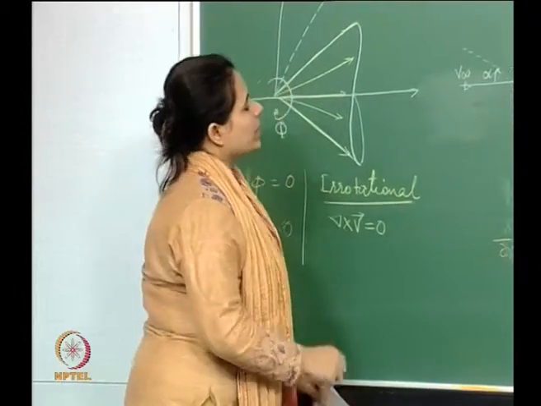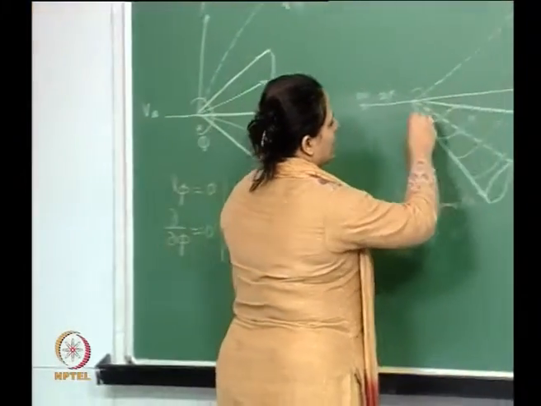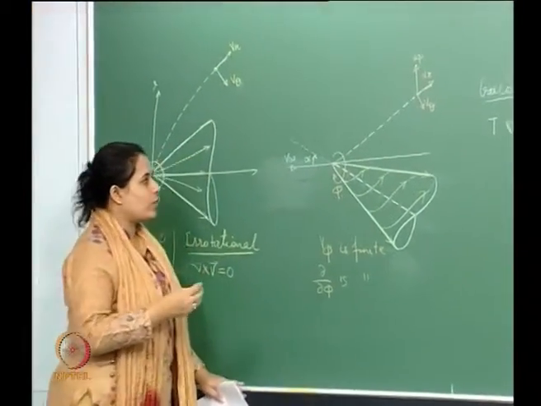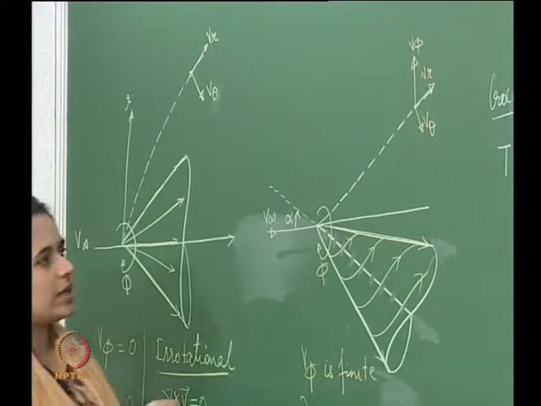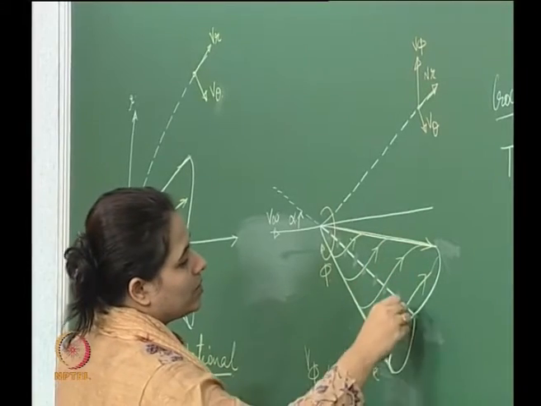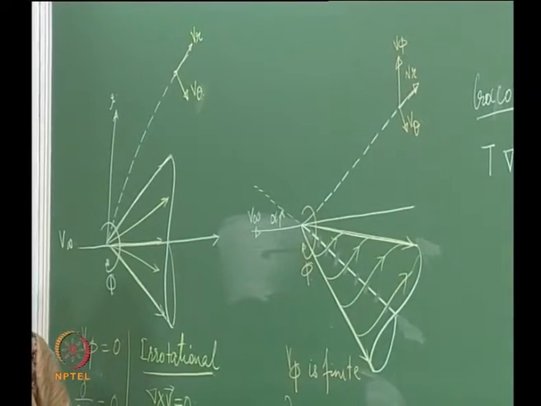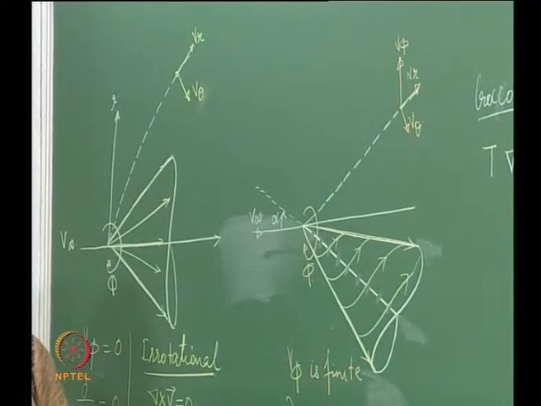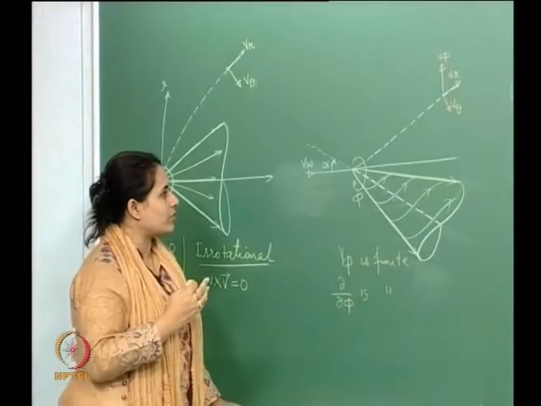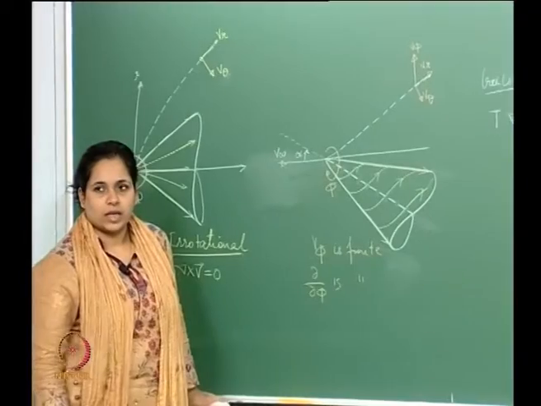But in this particular case, when we have the shock wave, look at this picture here. What is the shock wave angle? How does it look in this particular case?